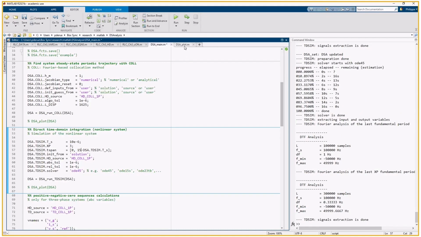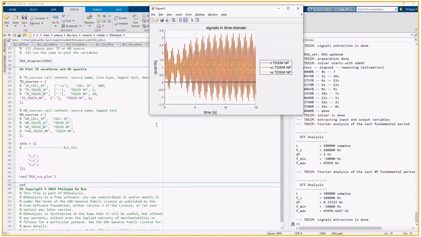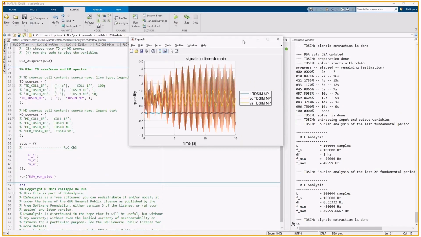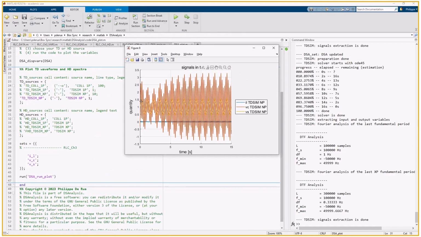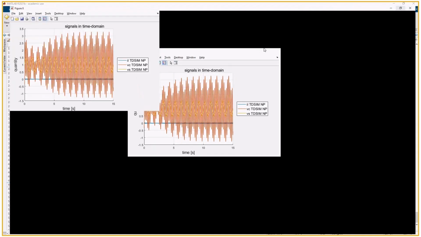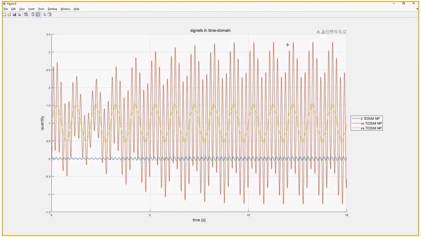So the simulation is done. I can plot it and I observe this. At the start point, it was still a transient, but we see that slowly it reaches a steady state. Naturally, it is a steady state with harmonic components. It is essentially a new periodic trajectory.